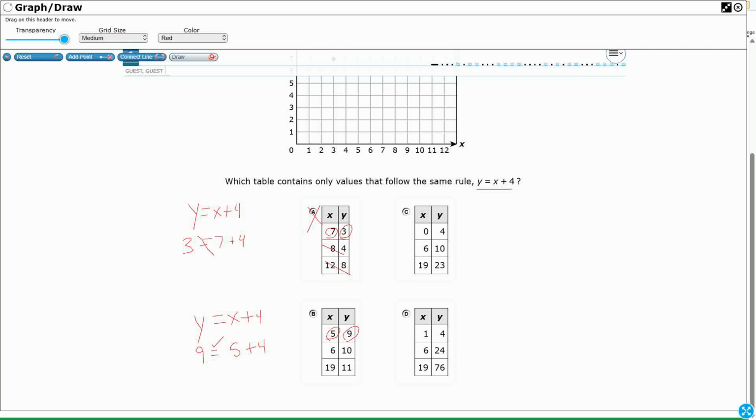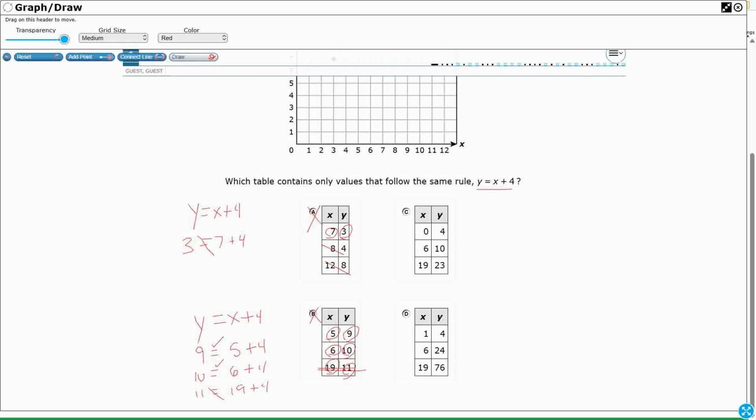So y, 10, equals x, 6 plus 4, okay. And then y, 11, equals x, 19. Oh, look at that. It made it all the way to that third one, but then it doesn't work.